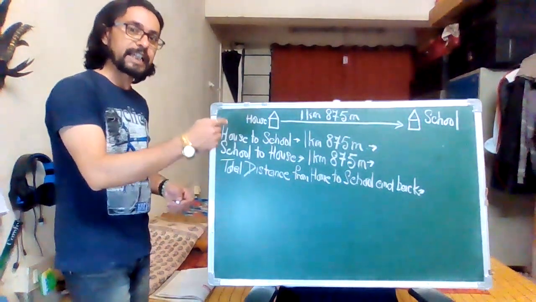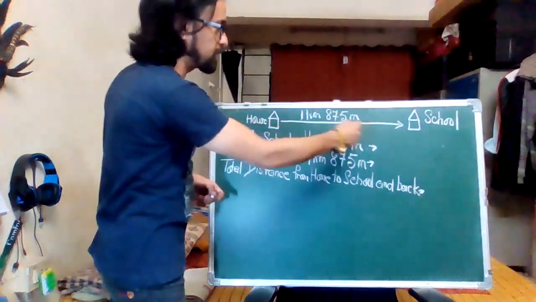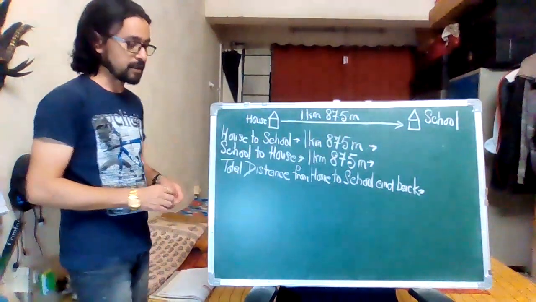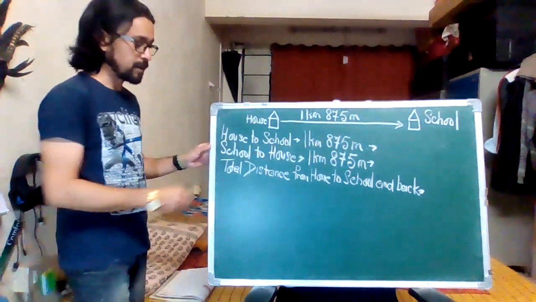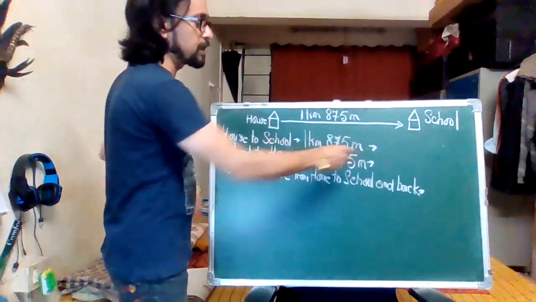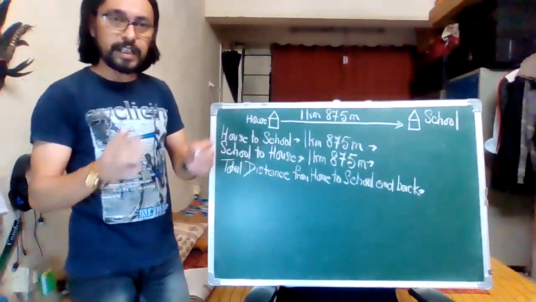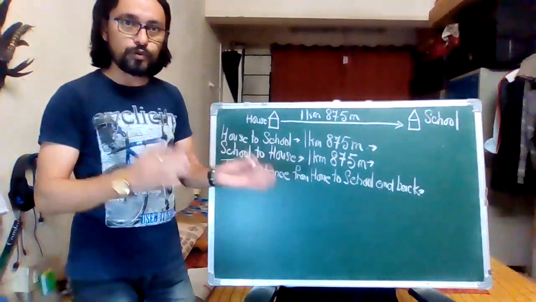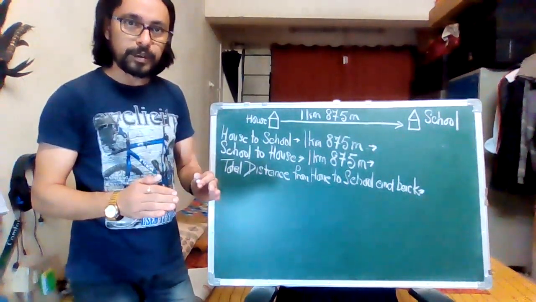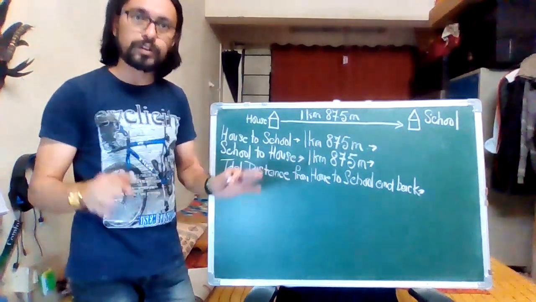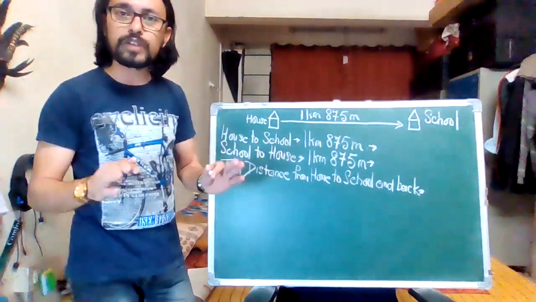So she's covering again the same distance of 1 kilometer, 875 meters. From house to school, 1 kilometer, 875 meters. From school to house, 1 kilometer, 875 meters. Now, again, here my measurement has been distributed into 2 units, kilometers and meters. For me to solve my problem, I need to work both out either in kilometers or in meters.